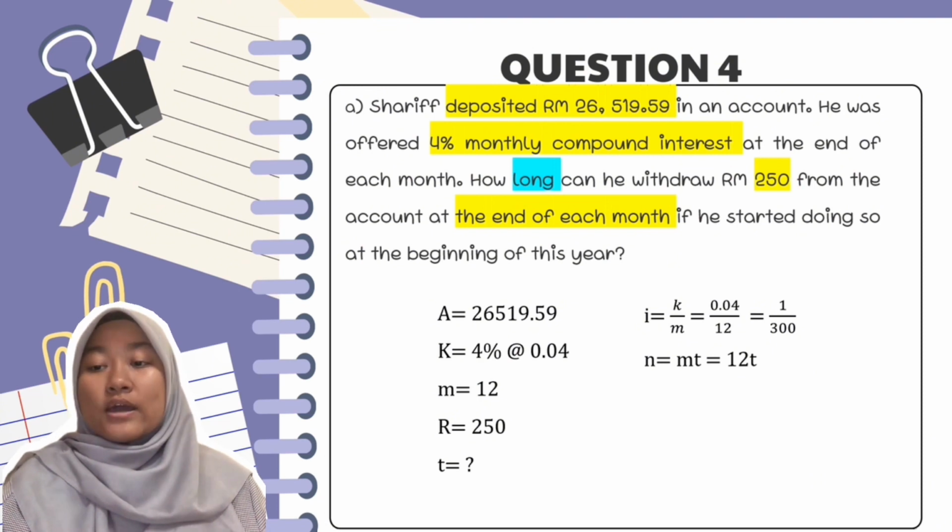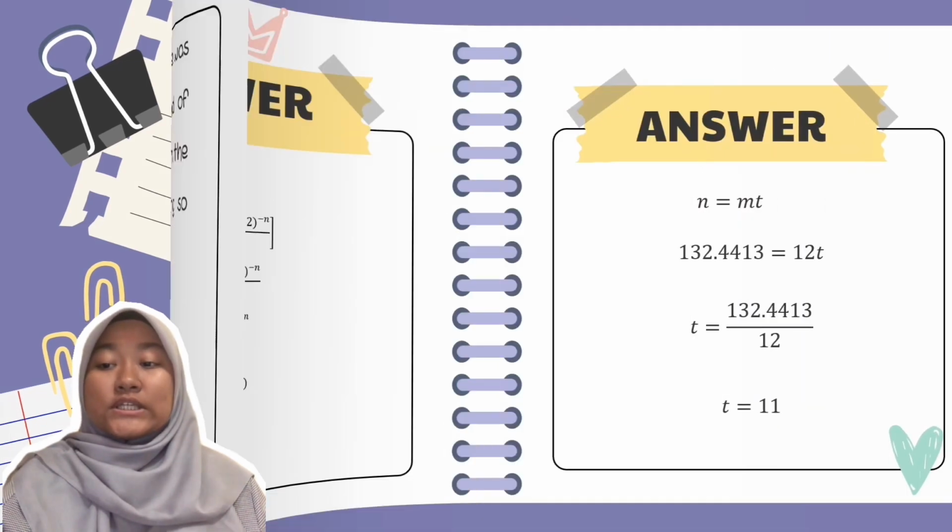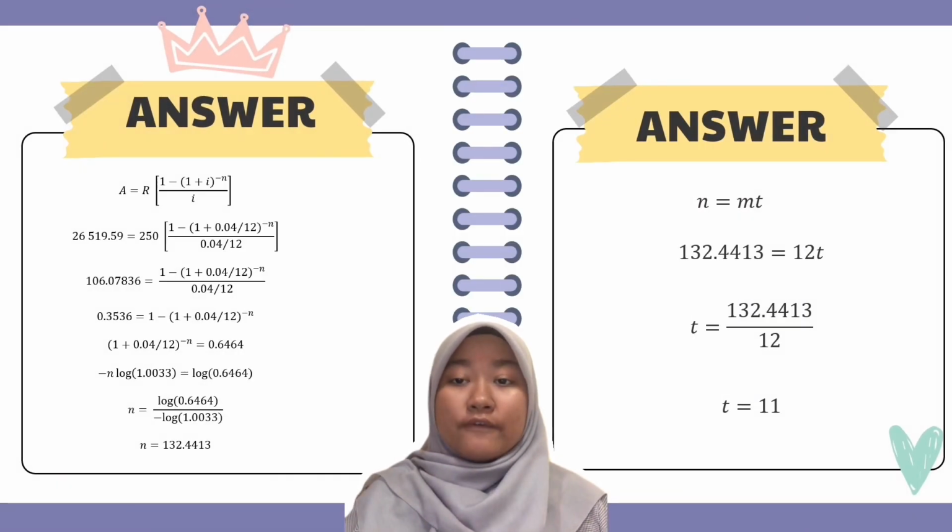For n equal mt equal 12t. To solve this question, we have to use formula A equal to R in bracket 1 minus (1 plus i) to the power of negative n, divide with i, in bracket.